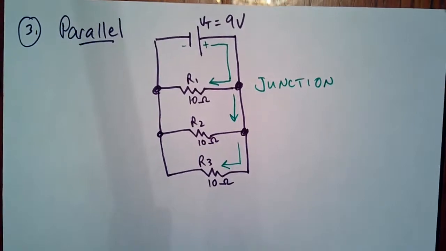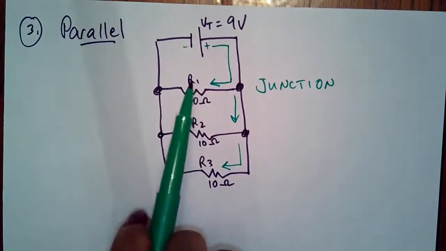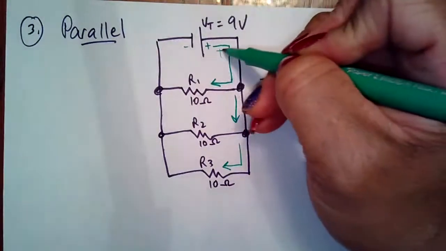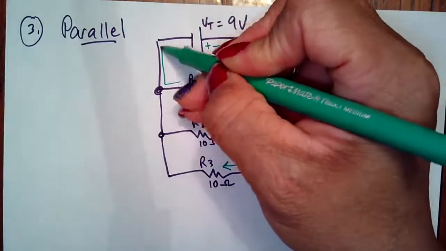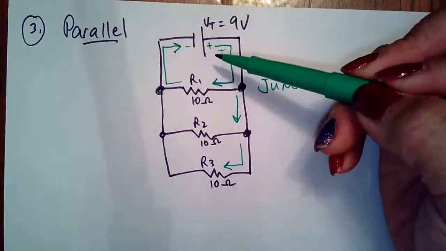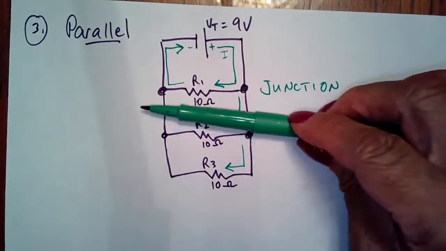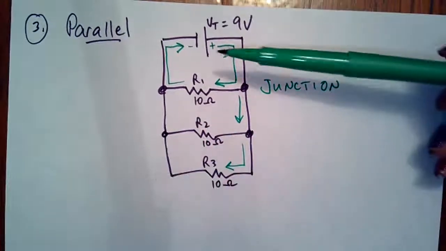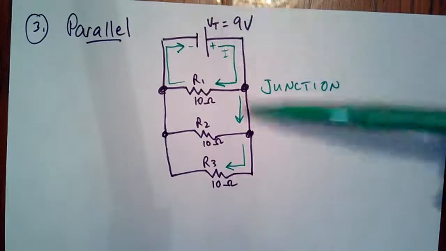Remember that in order to power up this resistor, the current I actually has to go back to the terminal along that path. So if I turn off R2 or R3, R1 can still work, and vice versa.